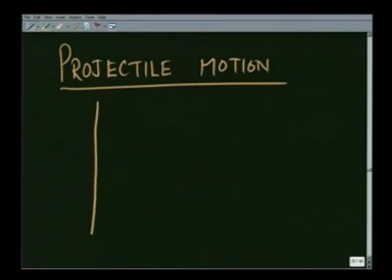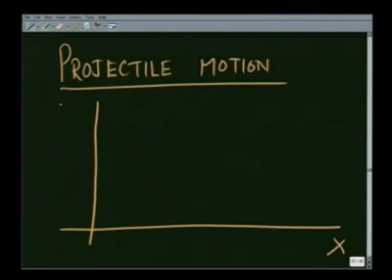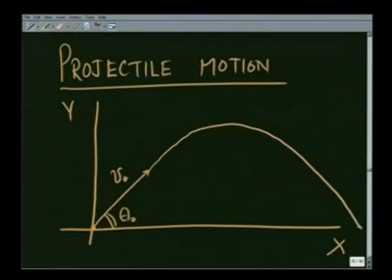In this motion, I take a particle and project it at some angle theta 0 from the horizontal with some initial speed v0, and without drag it follows a perfect parabola.